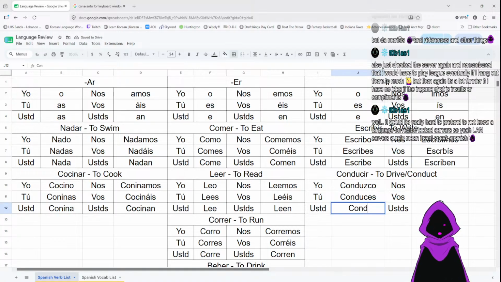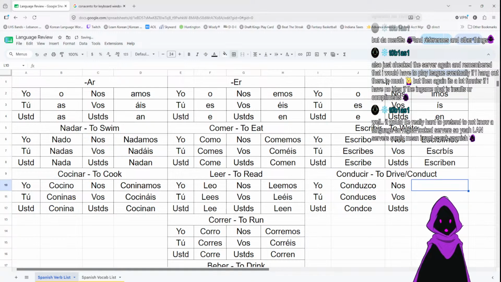And then conduce for she drives. I think it's just the I form on this that is weird. Yeah, the I form is the only one that is like, we're irregular, we're weird, we're special over here.